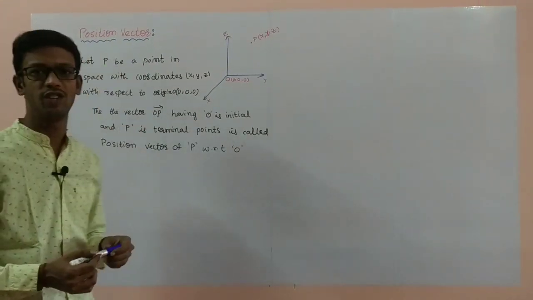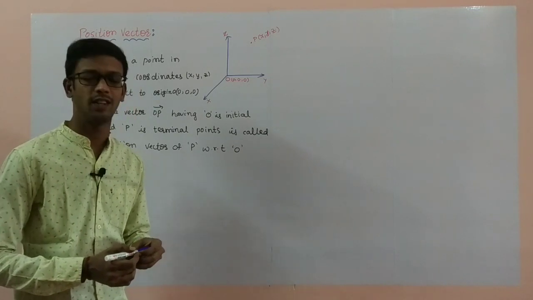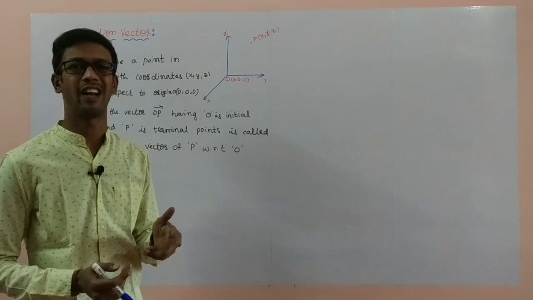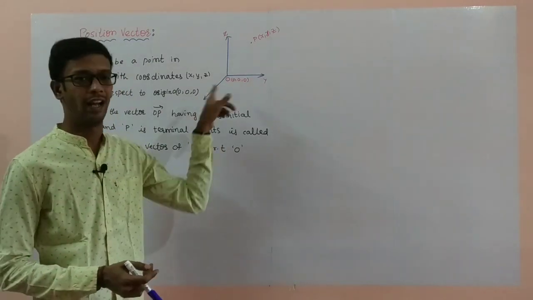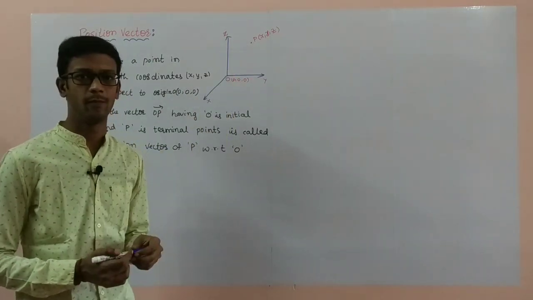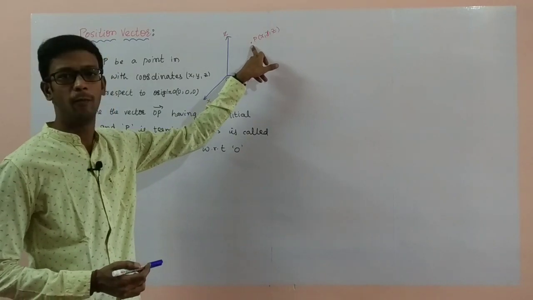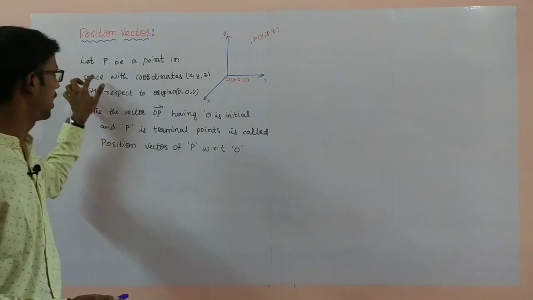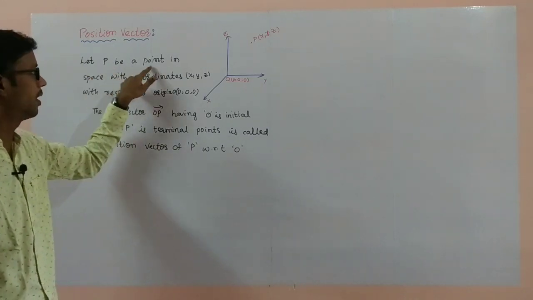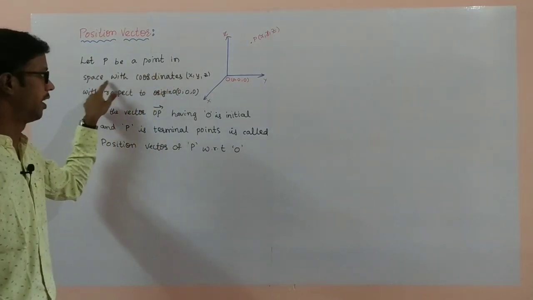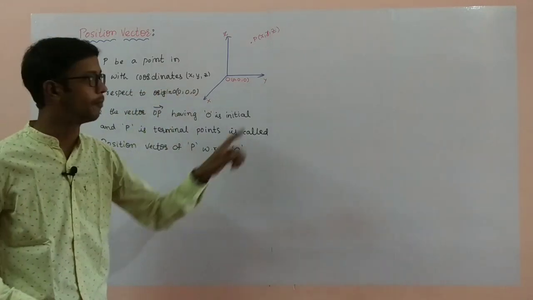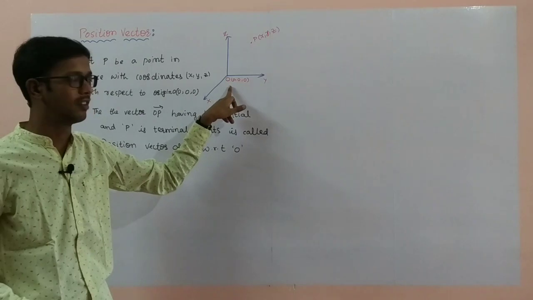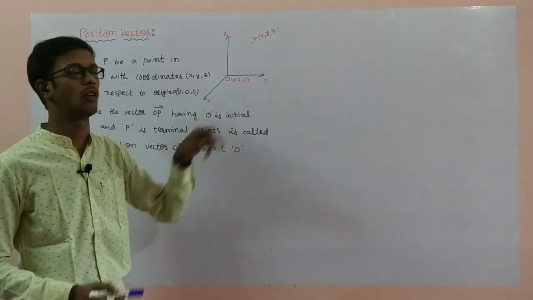Next, position vector. In first year 3-dimensional geometry we had the right-handed rectangular system, x, y, z axes. Take one point P in space. Let P be a point in space with coordinates x, y, z, and the origin 0, 0, 0.